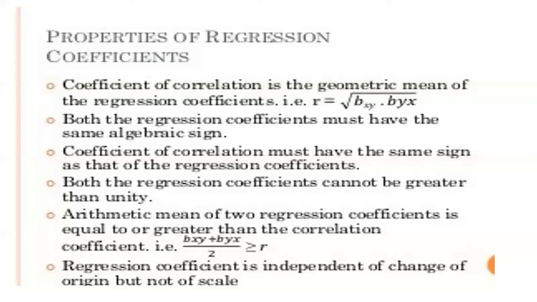Neither the origin nor the scale will have any impact on the correlation. But the regression coefficient will be affected by scale but not by origin. Remember these points. The regression coefficient will be independent of origin, but a change in scale may affect it.